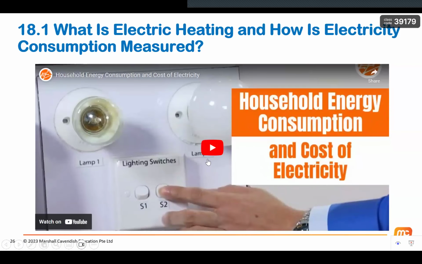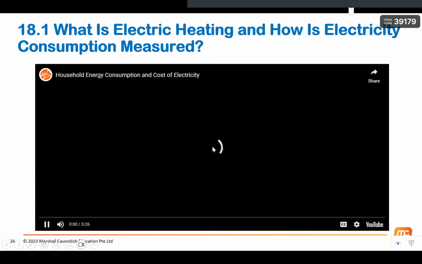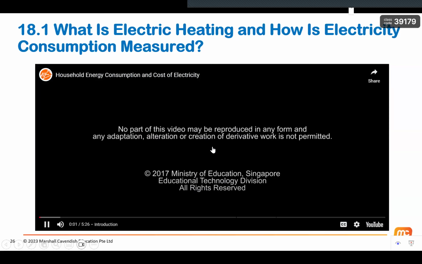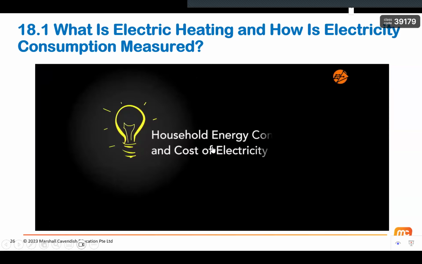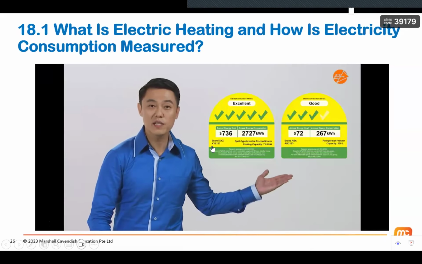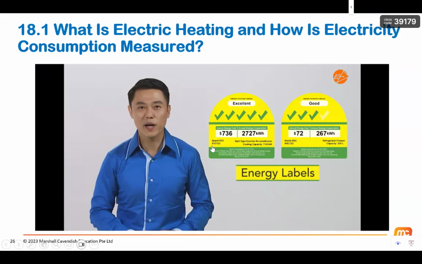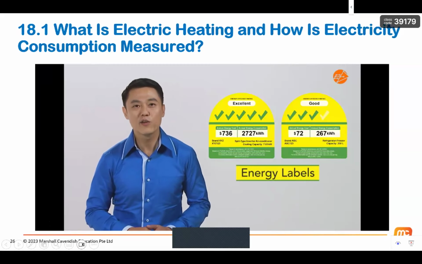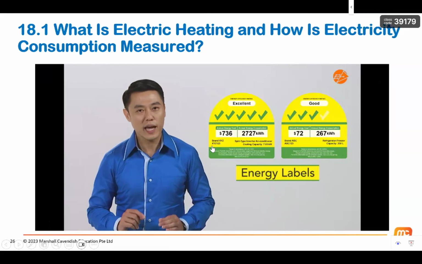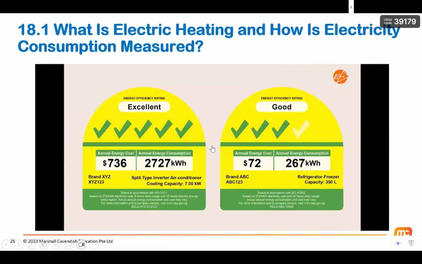Okay, let's take a look at this video. Have you seen these labels before? These are energy labels issued by the National Environment Agency, or NEA, for household appliances such as air conditioners and refrigerators.